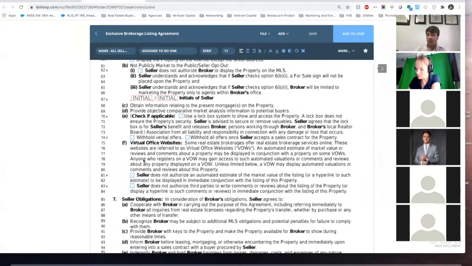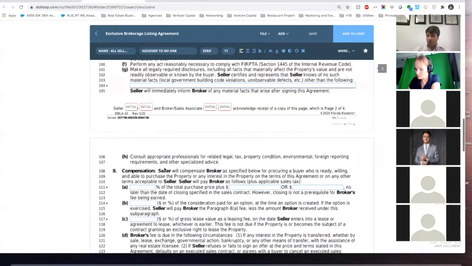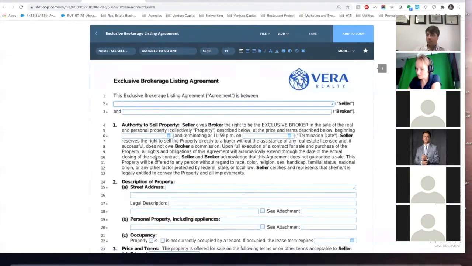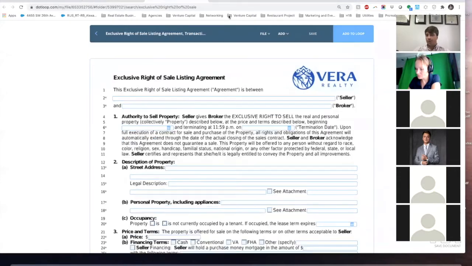And then if he finds a buyer himself, he will not be obligated to pay commission. Okay. So it's in your interest to sign the exclusive right of sale listing agreement.